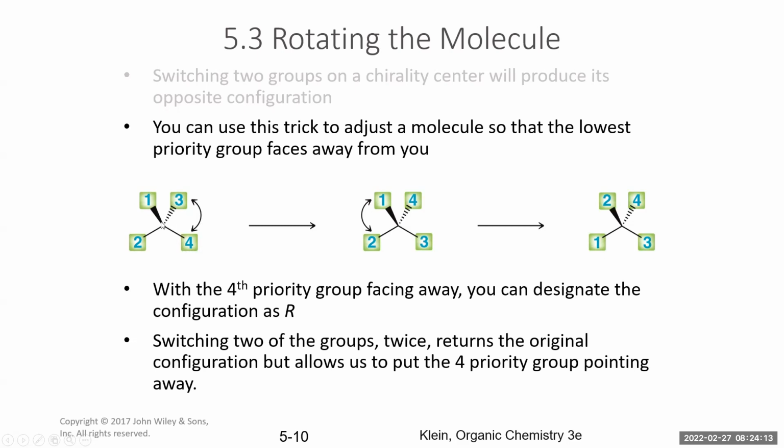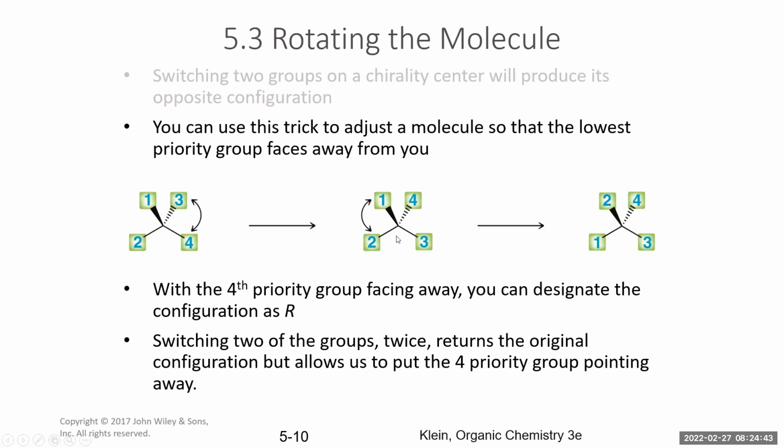It's only when my fourth priority group is pointed back that I'm able to figure out if I have a clockwise or counterclockwise rotation. So I think to myself, my fourth priority group is currently in the plane, but I want it pointed back. So I'll just switch it with whatever group is pointed back. I can do that, but in so doing, I've switched the designation, whatever it happens to be, either R or S, to the opposite designation.